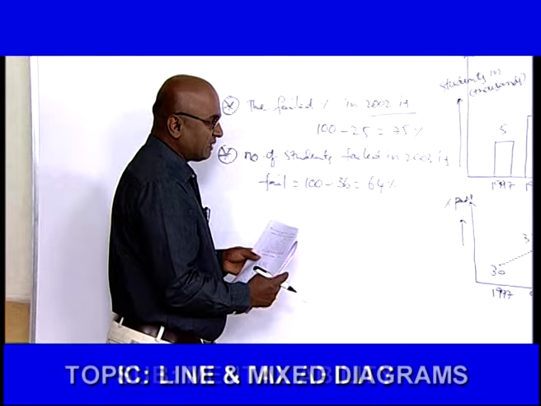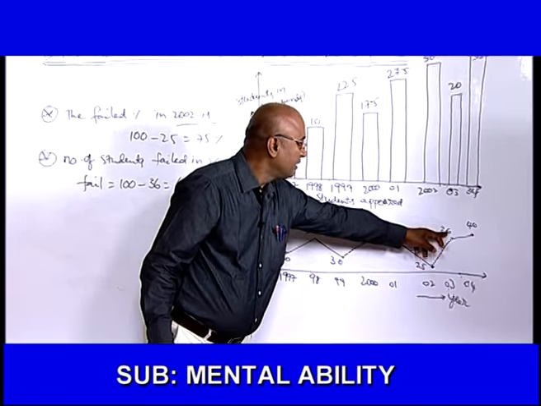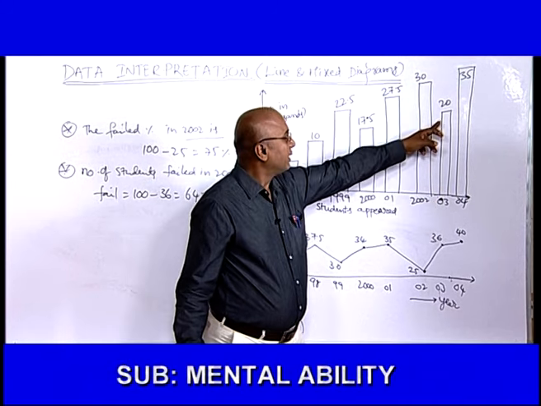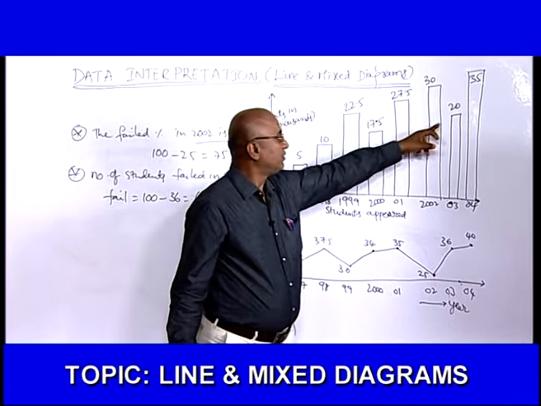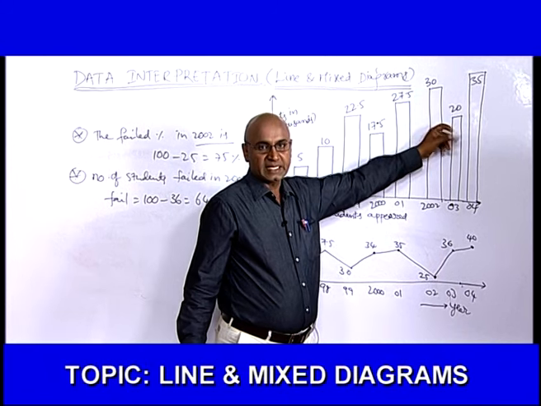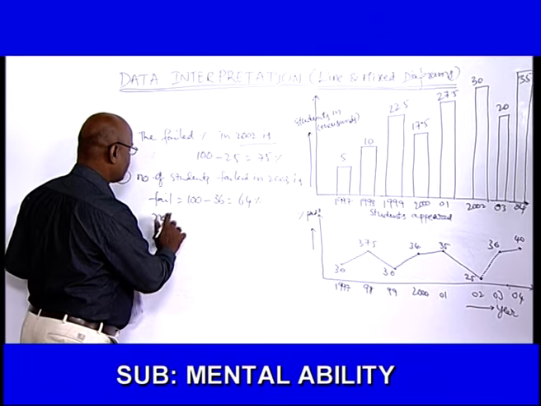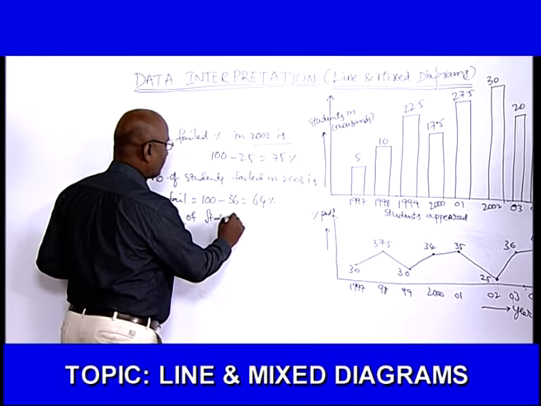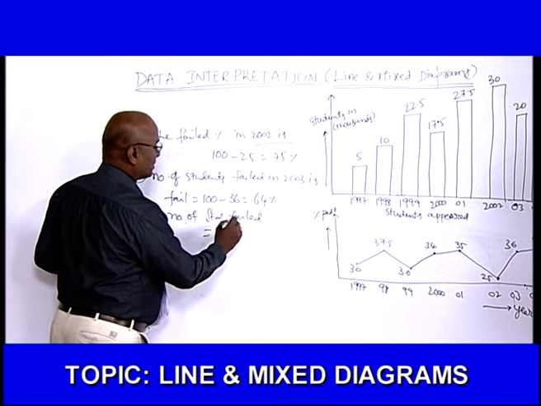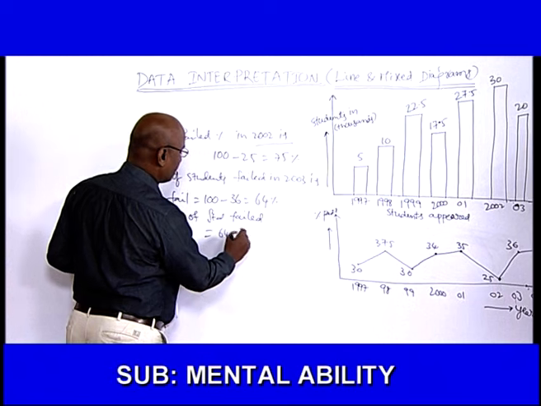Now what is the number of students appeared in the year 2003? In the year 2003, 20,000 students are given, in thousands here. So 20,000 students appeared for the examination. So the number of students failed is equal to 64% of appeared students, that is 20,000.